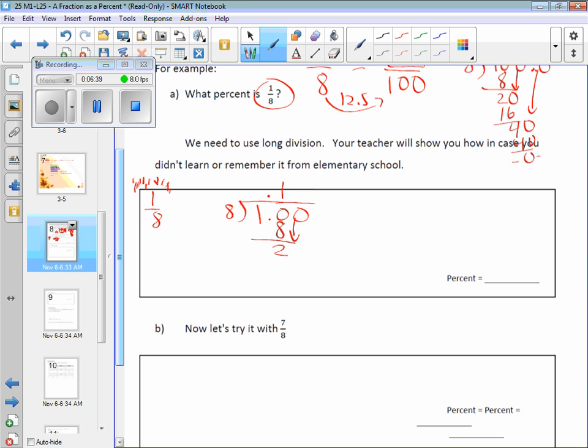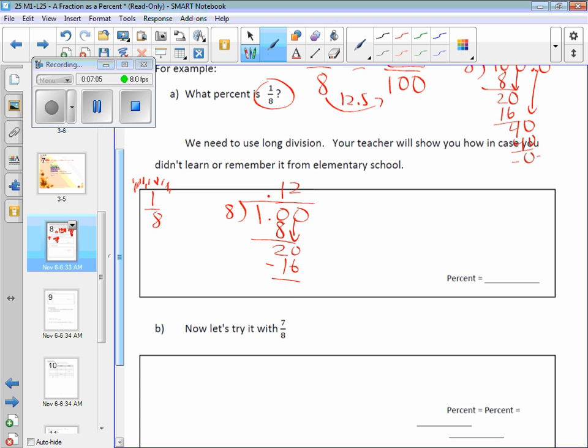It should work out to be exactly the same as 12.5%, but you'll see that when you have it as a decimal, you've got to convert your decimal to a percent. But we're getting ahead of ourselves. Let's complete this first. Bring down my 0, and we do 8 into 20. Everybody. Times how much, though? Okay, add your 2 at the top, get 16, and subtract again. Are we done?